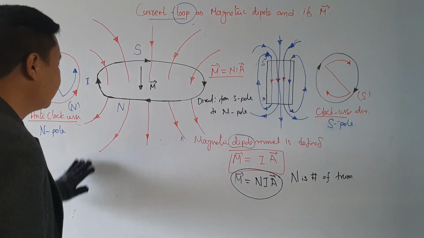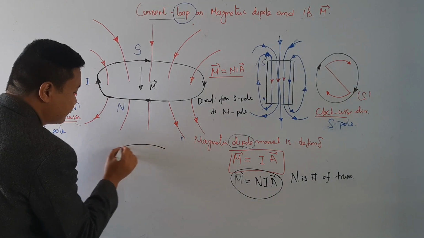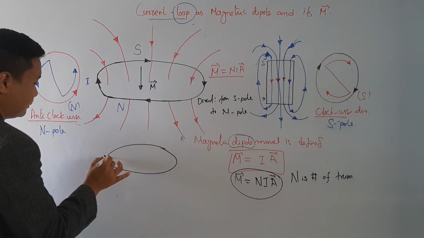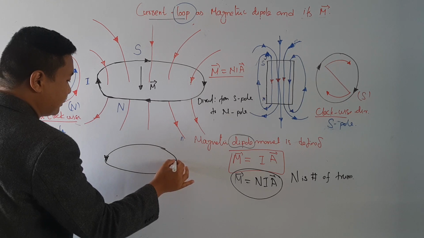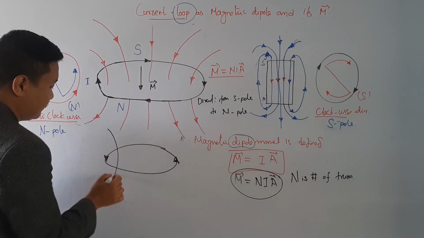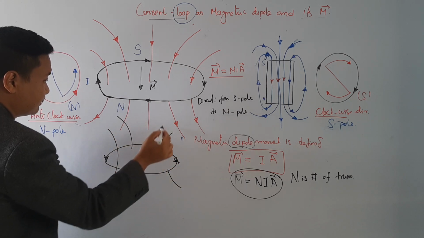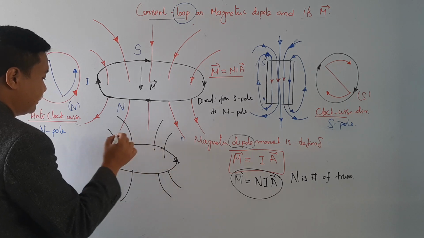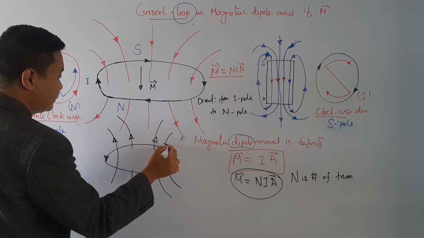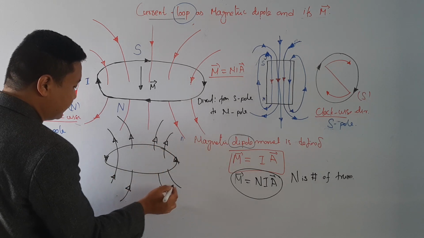Okay, now if I give you one question like this, again the same thing, but here the current is coming in this direction, outside it is going inside, just opposite to this one, then all the magnetic field will look the same, but in this direction. Okay, it is not so difficult.